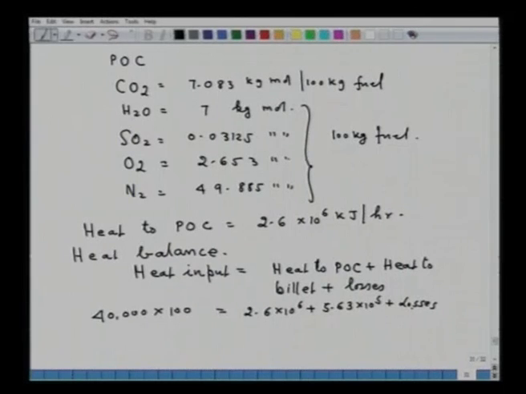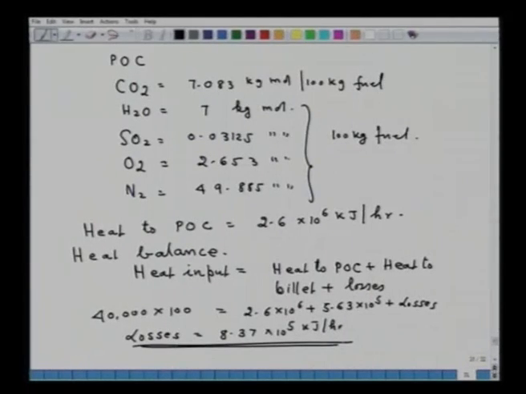So, easily we can determine the losses. The losses would be equal to 8.37 into 10 to the power 5 kilojoule per hour. So, this is the answer for one particular problem. Now, I will suggest you please calculate yourself without seeing the solution, that will help you more.